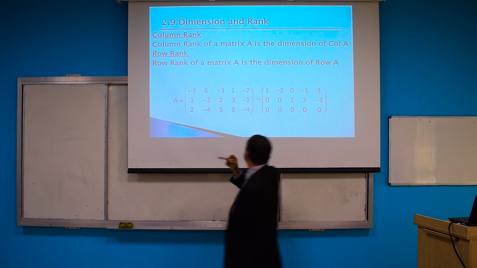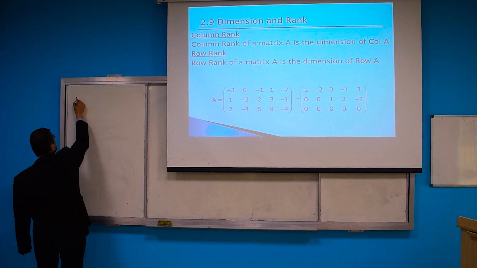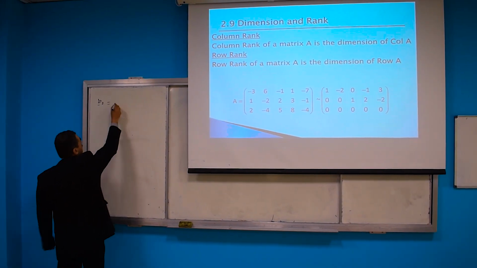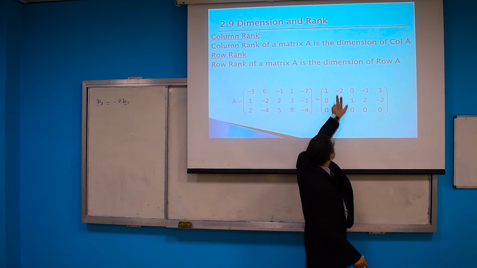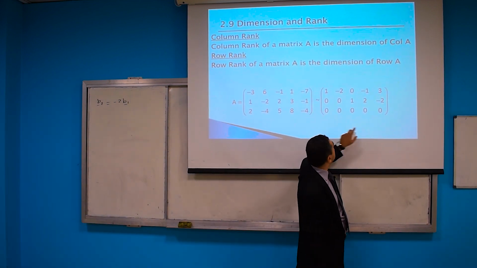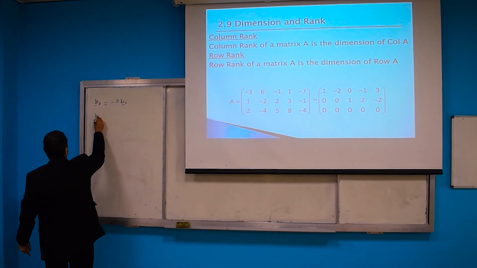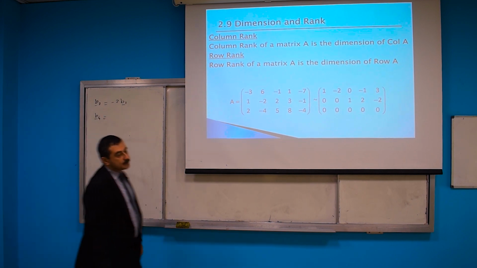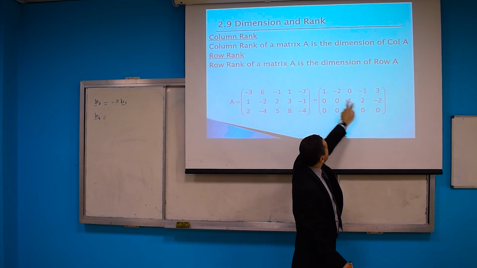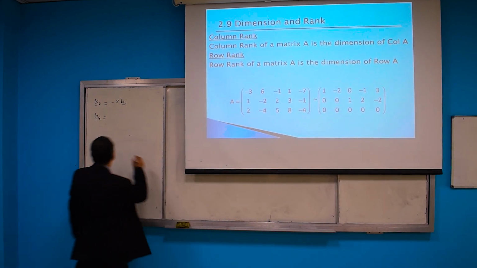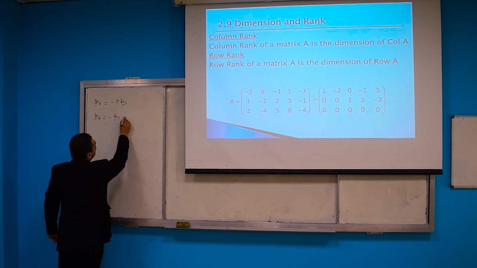Let me write this on the board. This matrix, I'll call it B. So we'll have B2 equal to negative 2 B1, and B4 equal to negative B1 plus 2 B3.